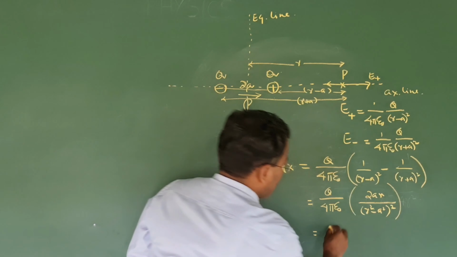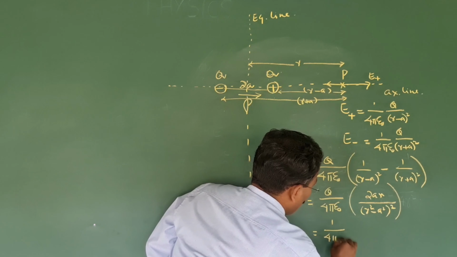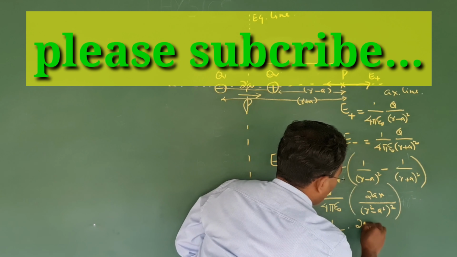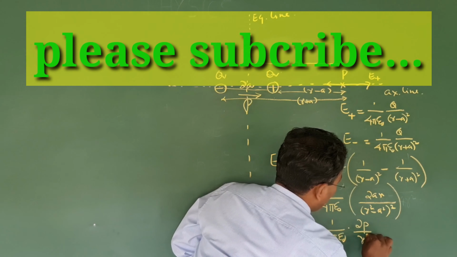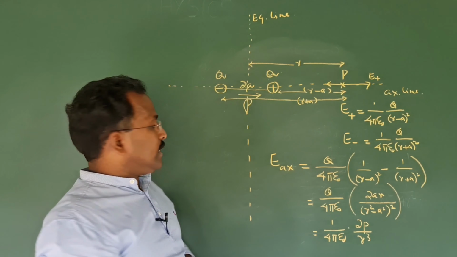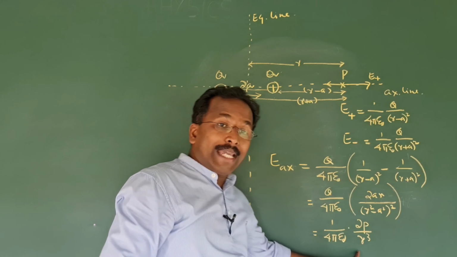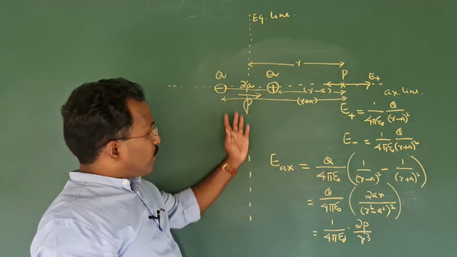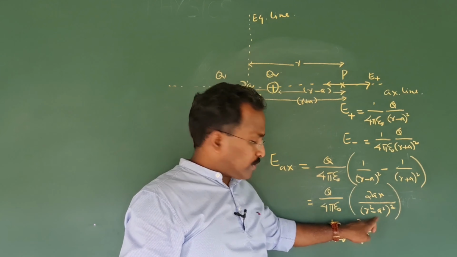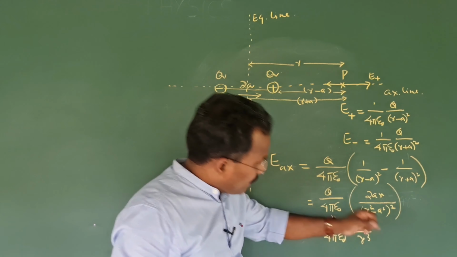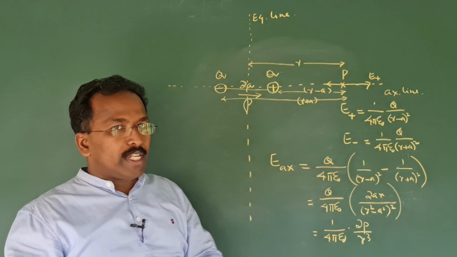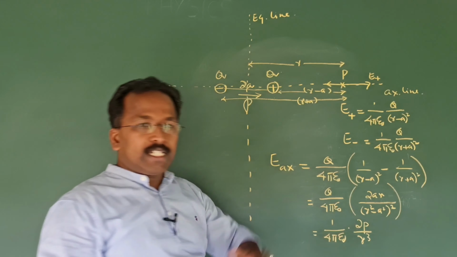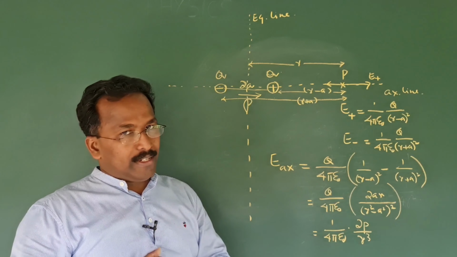So you will get 1 by 4 pi epsilon 0 into 2p divided by r cube. This is the equation I am getting on all axial points which are far away. If the point is closer, this is the equation you have to use. And you see a p came there, that is the p we were talking about earlier, p is 2aq. So this is the equation for electric field on the axial line.